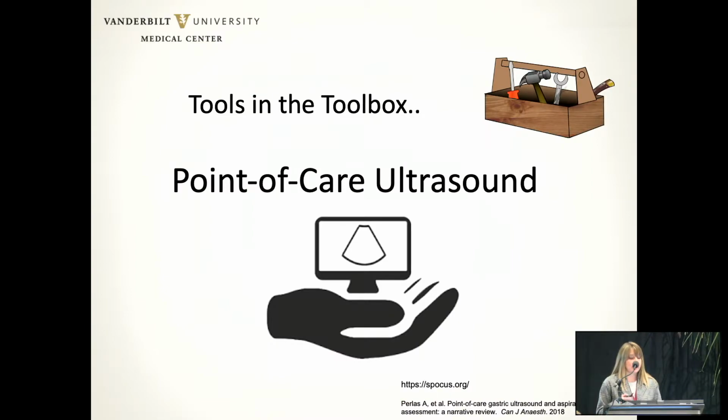So we're making clinical decisions regarding surgical timing and airway management based on the assumption that the patient either has an empty stomach, has followed the guidelines, or has a full stomach. And that may not be enough in certain situations. So what if we had another tool? What if there was something else we could use to help guide our practice?